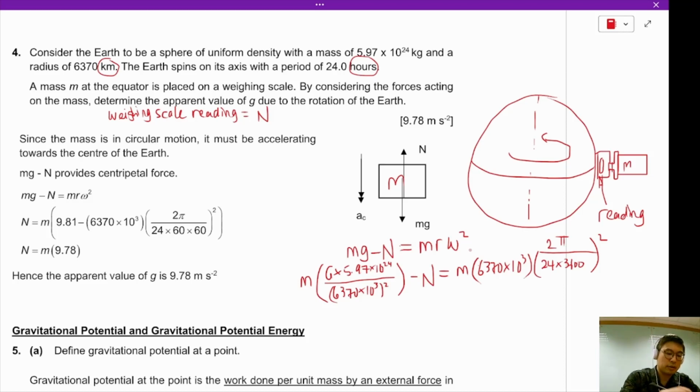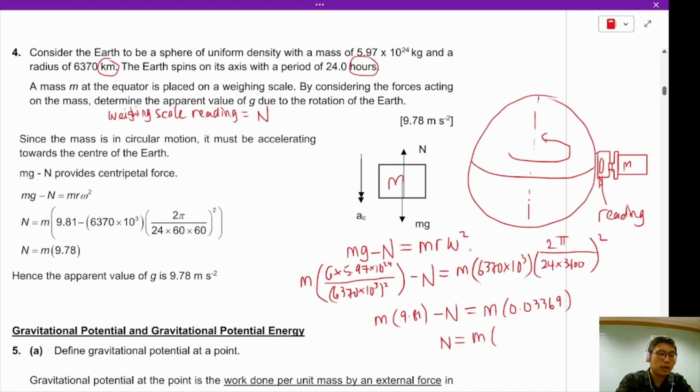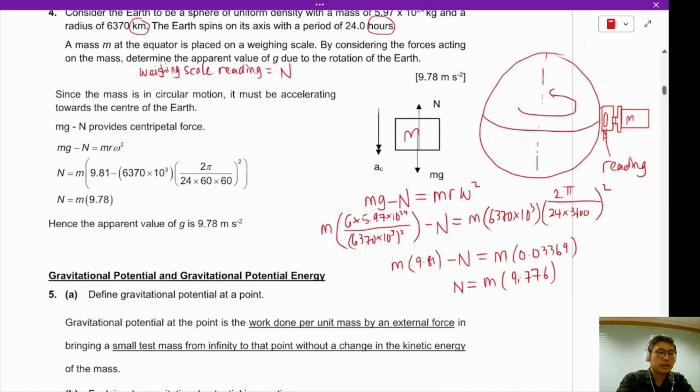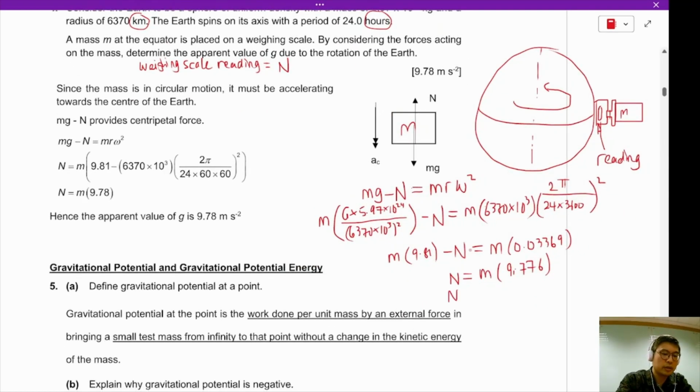Alright, so let's work out the values here. That will give us m multiplied by 9.81 minus N equals m, and this will give us N equals m multiplied by 9.776, or basically that the normal force, the reading on the scale, will be 9.78 times the mass.